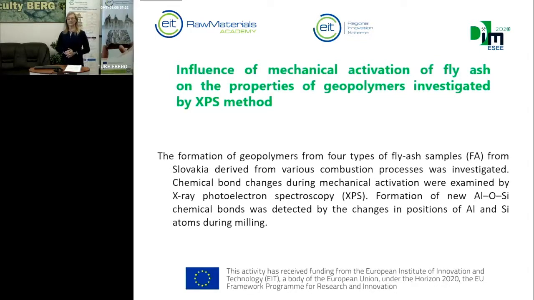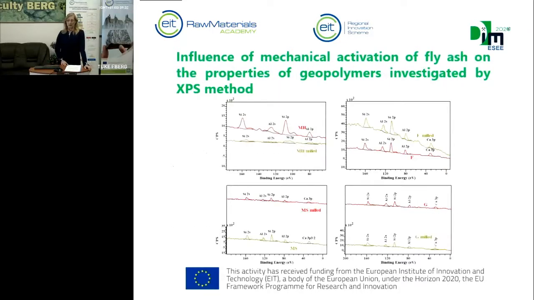Then we investigated the formation of new aluminium-oxygen-silicon chemical bonds by the XPS method, and the changes in these bonds during the milling. In this slide, you can see the electron spectra of these 4 samples.